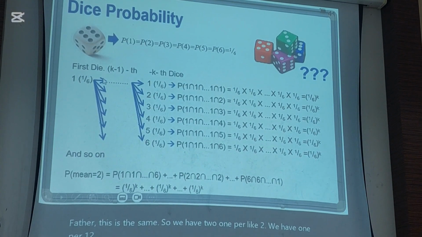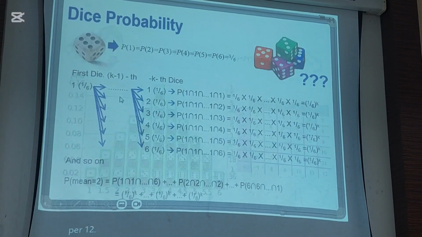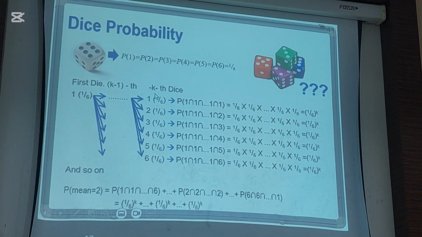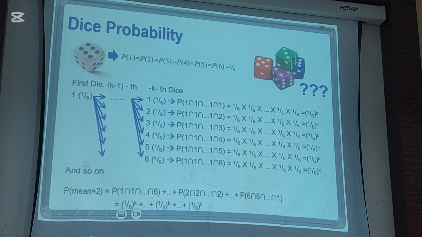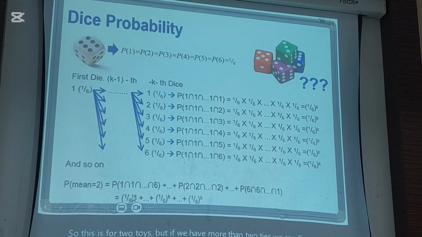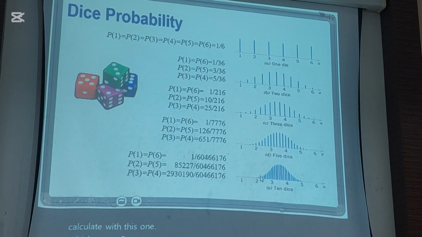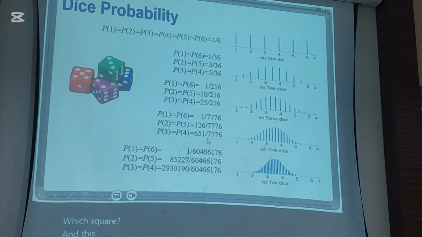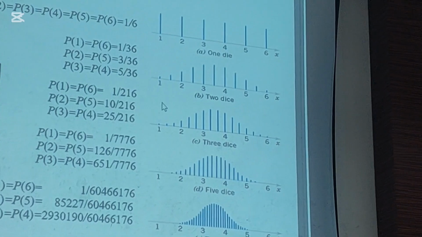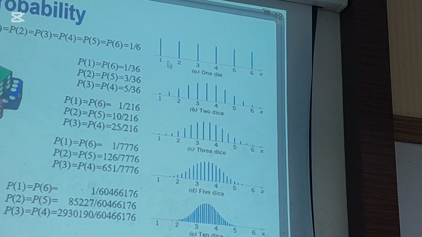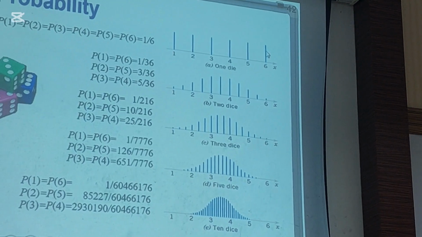So this is for 2 times, but if we have more than 2 times, we can calculate with this, with square. So if we only have 1 time, we have this probability.